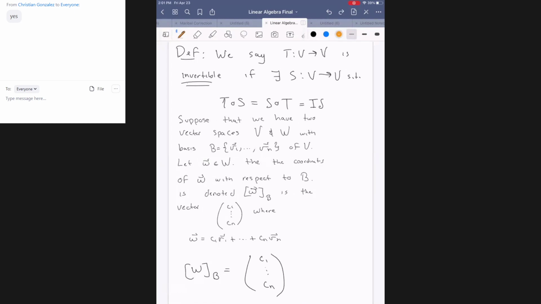Then I talked about what happens if your vector space isn't your good old Rn. Well, we have to use a change of basis, and today I'm basically going to show you what change of basis is.